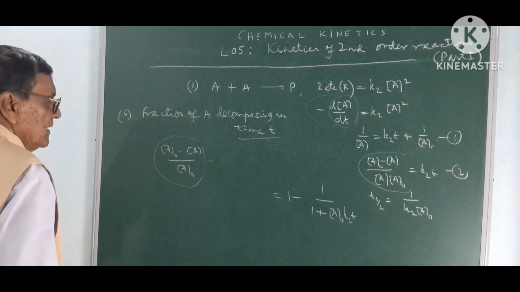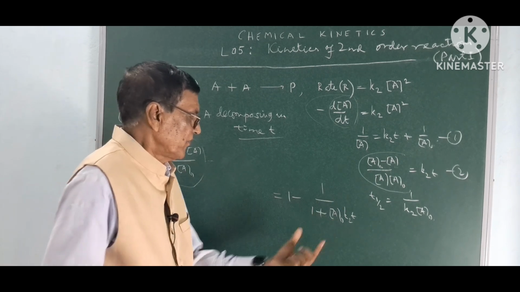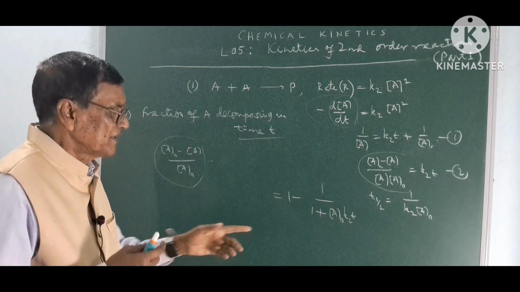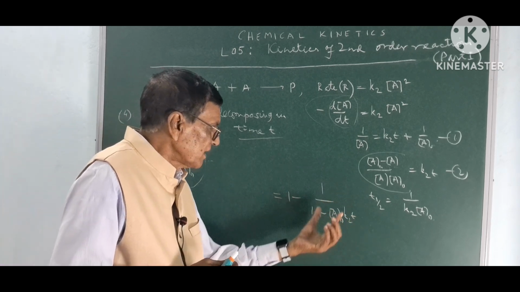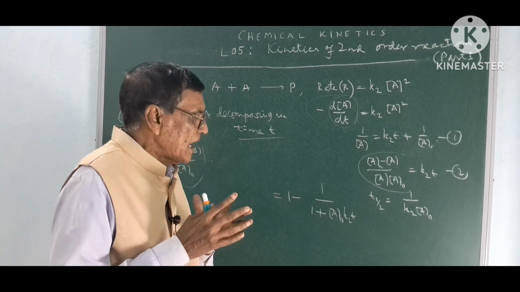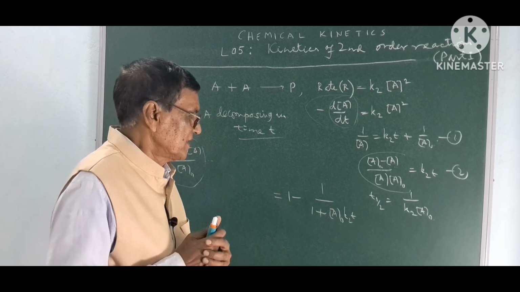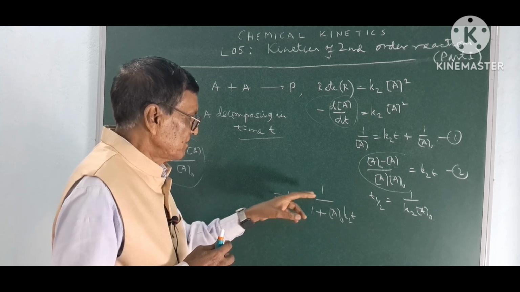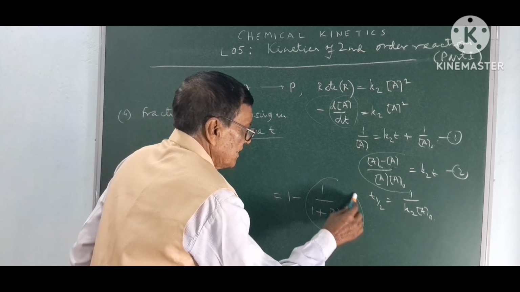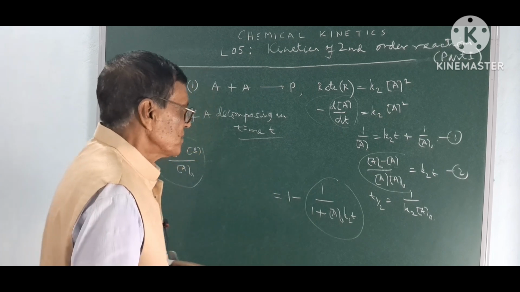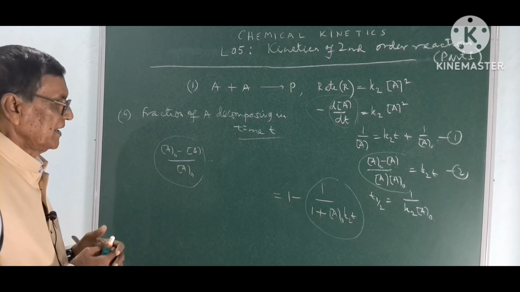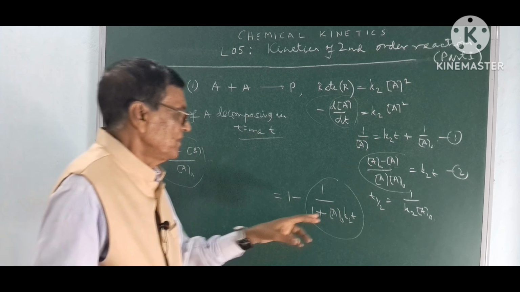So this is the fraction which has been decomposed at this time t. This one is the fraction remaining undecomposed, and this one in total is the fraction of A decomposing at this time t.